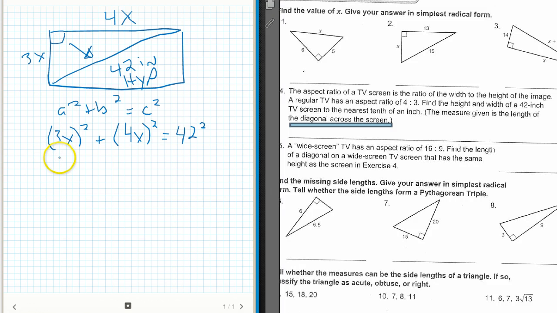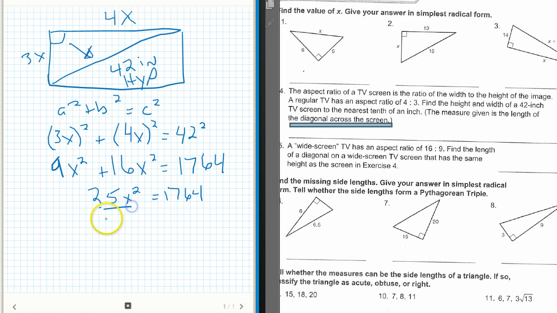3x times 3x is going to give us 9x squared. 4x times 4x is going to give us 16x squared, and 42 squared is 1764. 9x squared plus 16x squared is 25x squared. Divide both sides by 25, and I've got x squared is equal to 70.56.